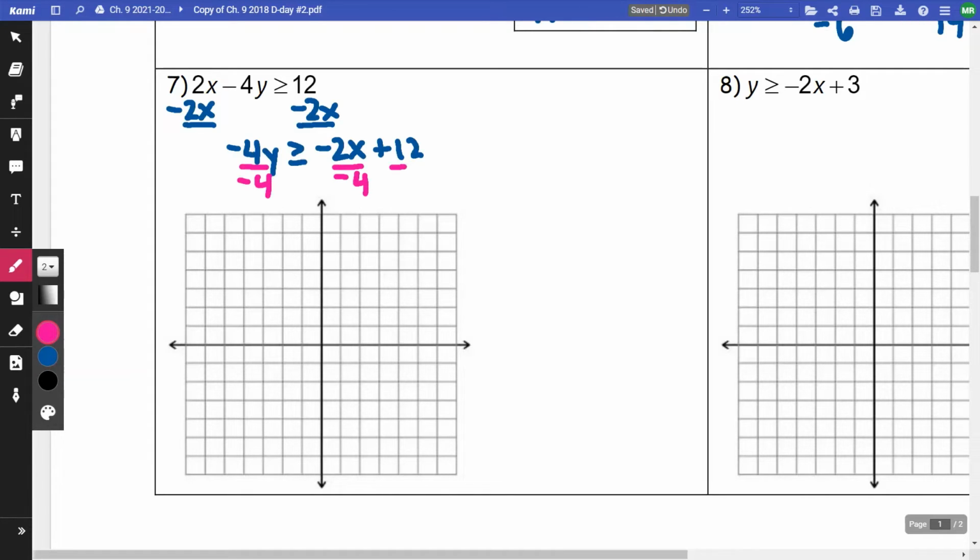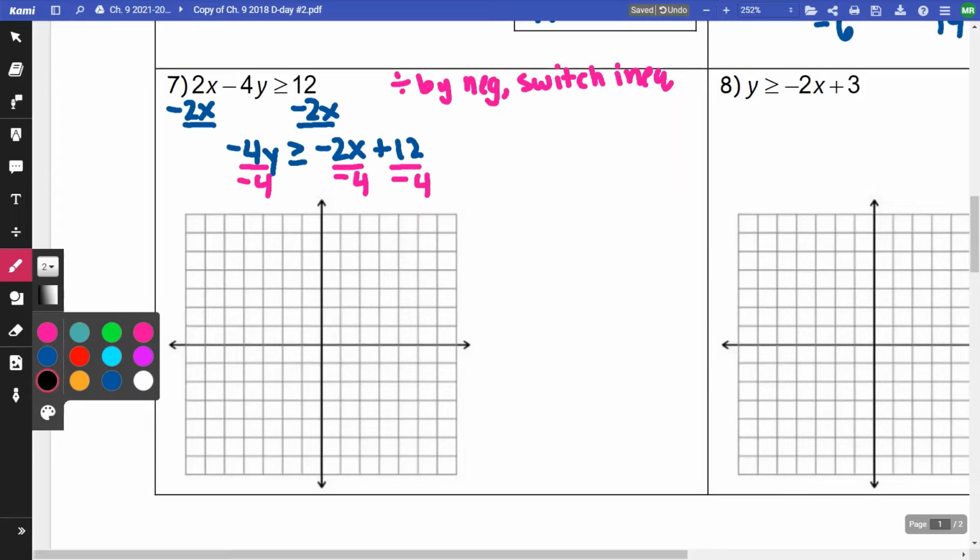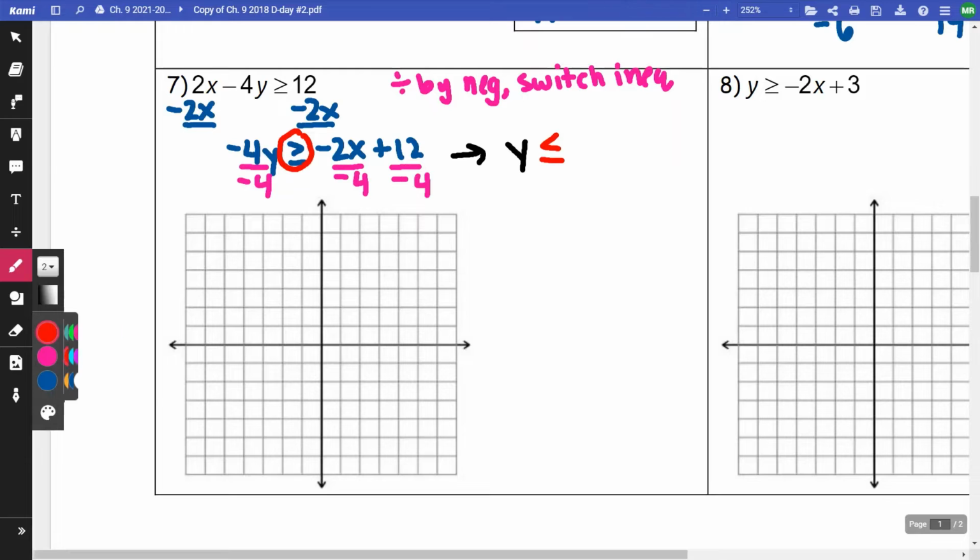Remember, when you divide by a negative, you need to switch the inequality. So what that means is now I am going to get y, and instead of it being greater than or equal to, now it's going to be less than or equal to.